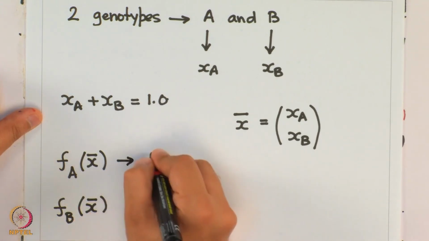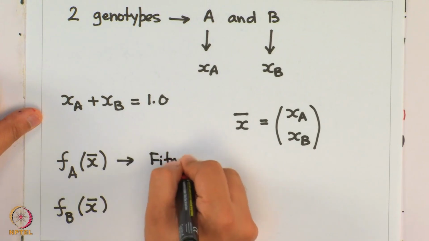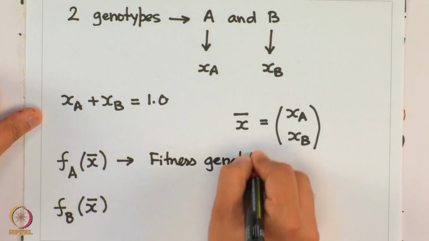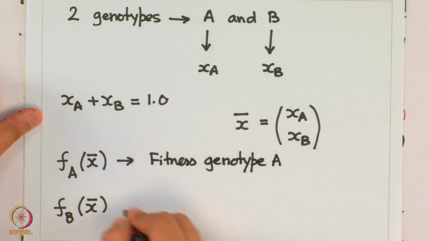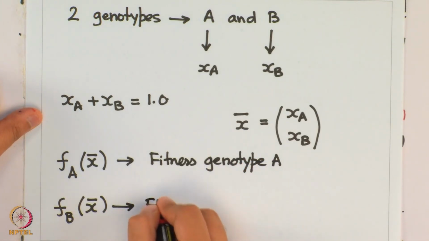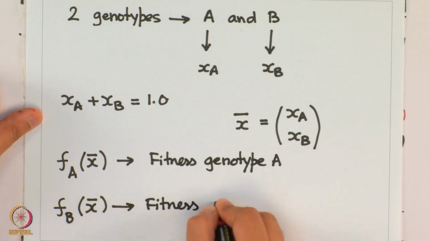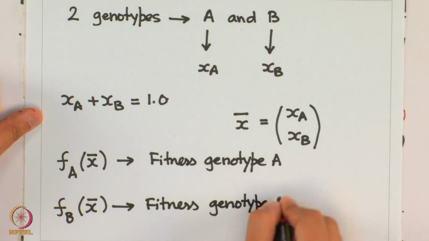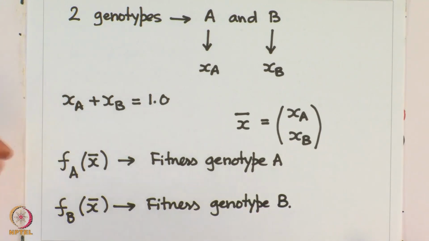So, this is the fitness of genotype A and the fitness of genotype B. Okay. All right.